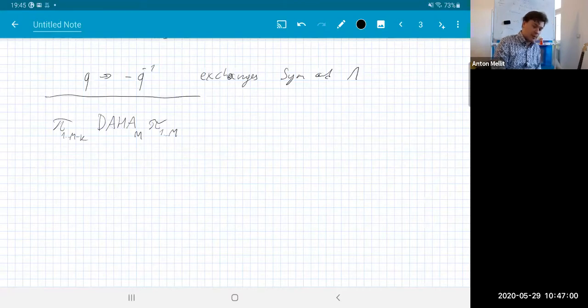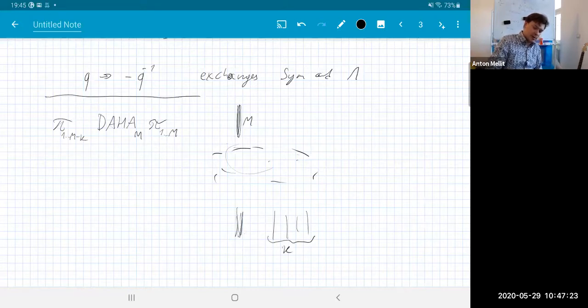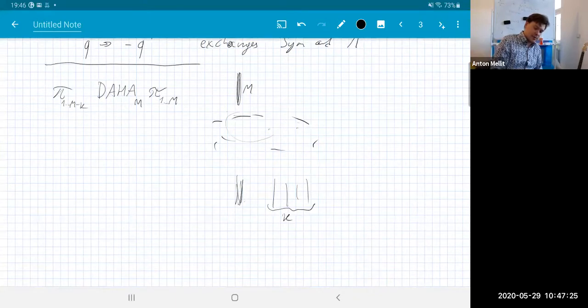What does it mean? When you multiply by a projector on one side, it means your m strands become one thick strand of thickness m. So you start with this, you do something, and then after you reappear, you get k strands simple and m minus k remain here.